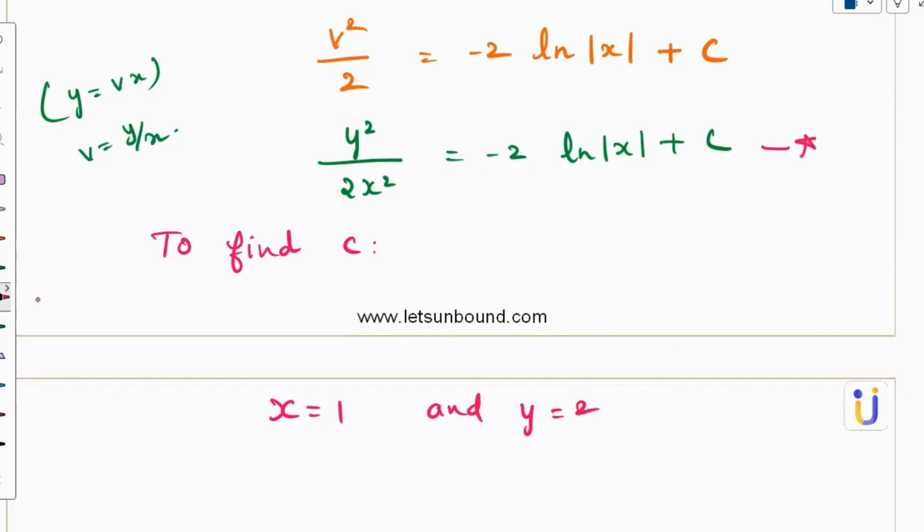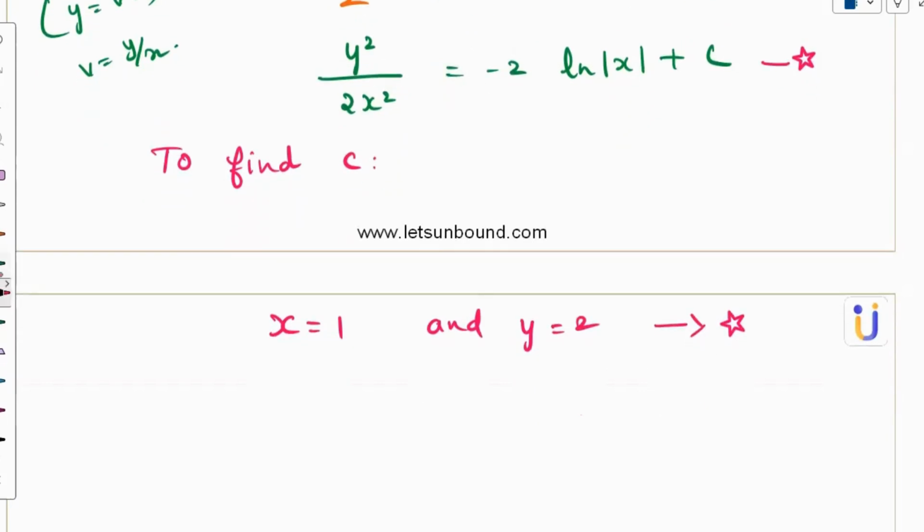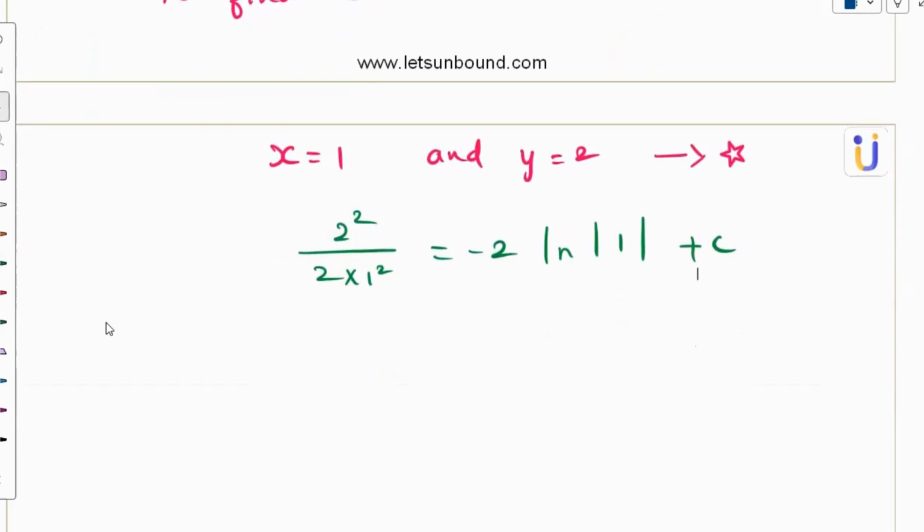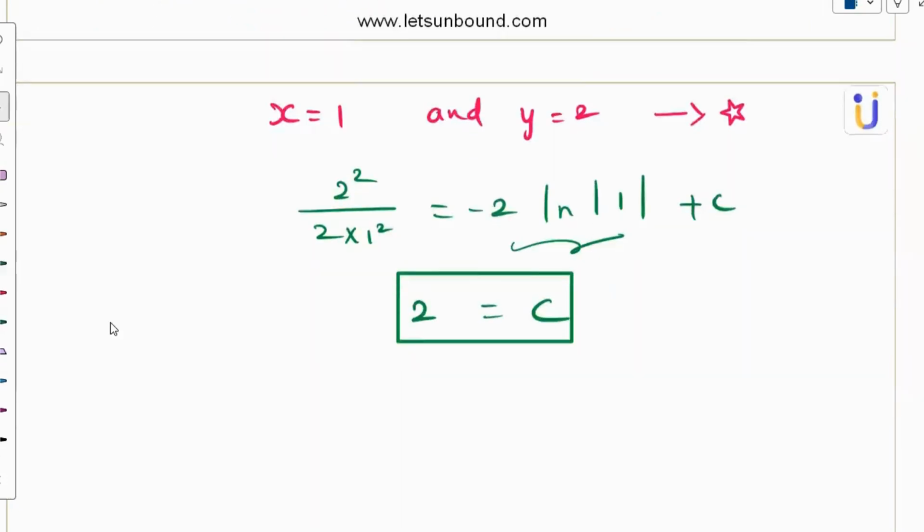Substitute it in this equation, star. So 2 squared, which is 4, by 2 times 1 squared equals minus 2 ln of mod 1 plus c. ln 1 is 0, right? So this will be completely 0, and you get c equal to 4 by 2, which is 2. So c is equal to 2.